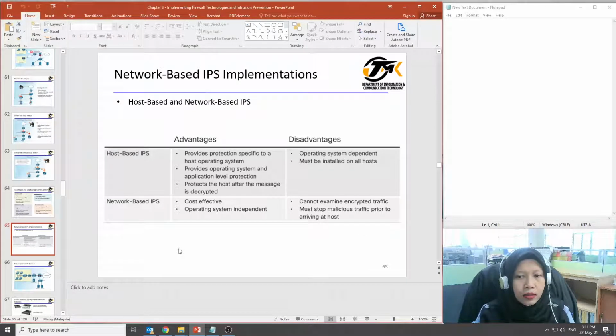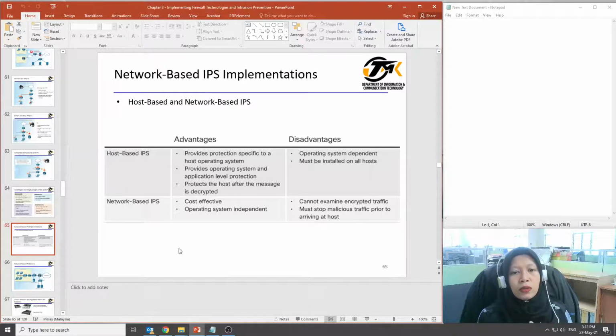For host-based, the advantage is that it provides protection specific to the host operating system. Host-based means you have a host-based prevention system in the host itself. It might be a workstation, a laptop, or a server, running Windows or Linux.